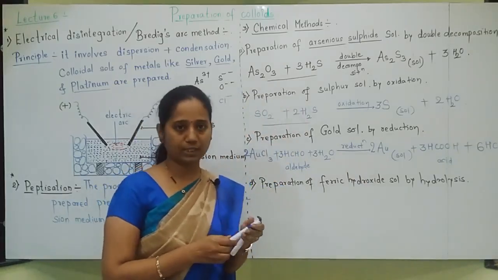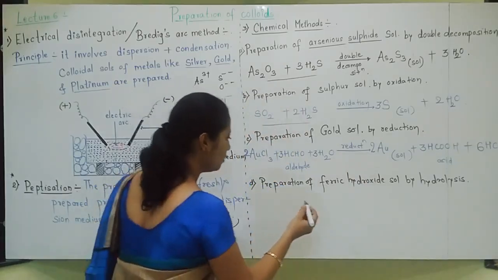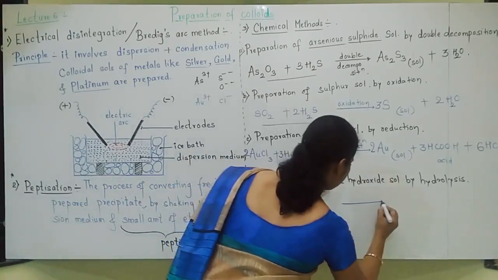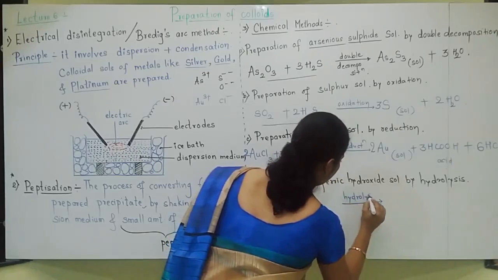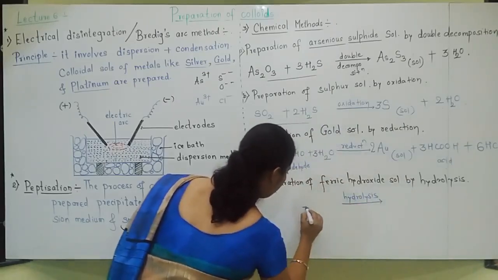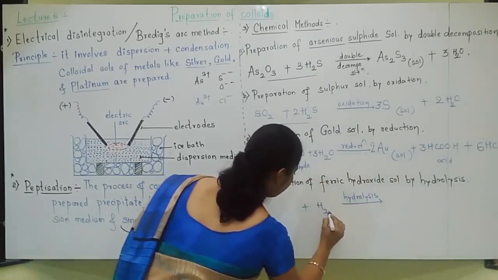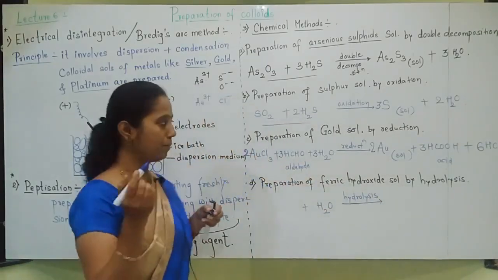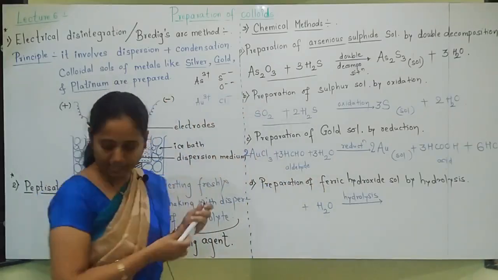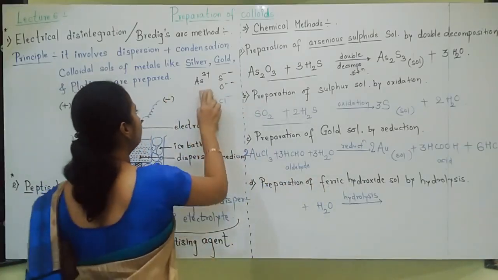The method of adding water is called hydrolysis. So here I will write hydrolysis. As it is hydrolysis, we must add water. Ferric hydroxide sol has to be prepared. Look here, ferric hydroxide formula, how will you tell?